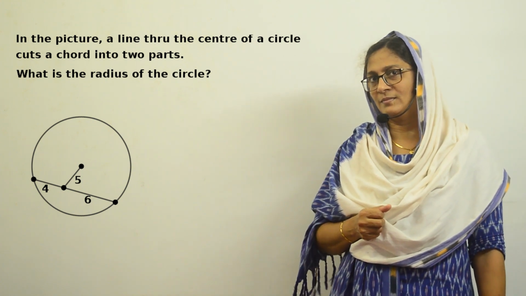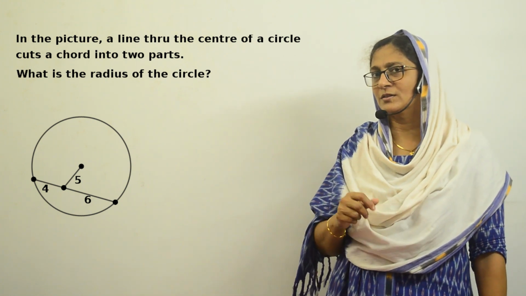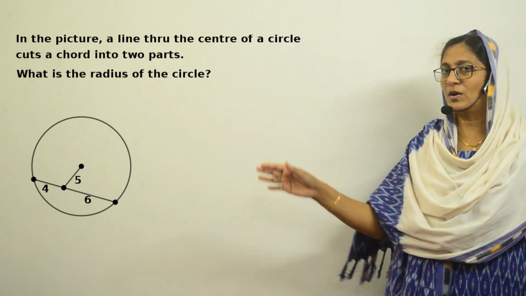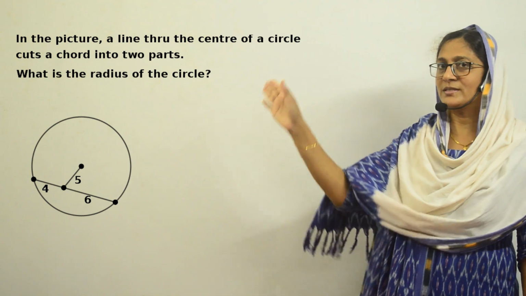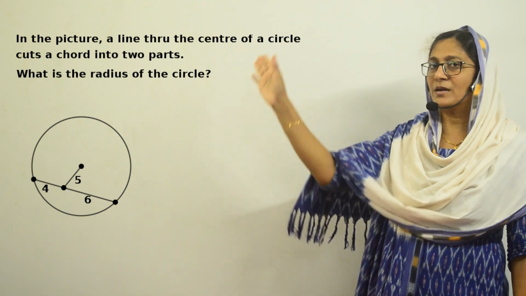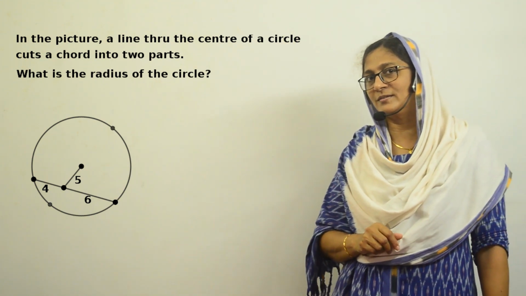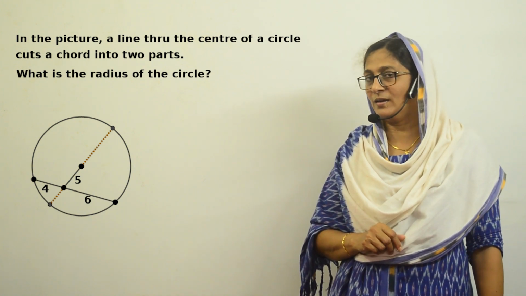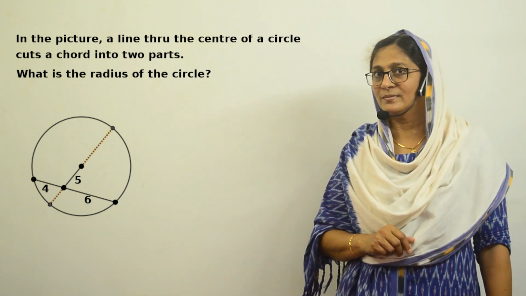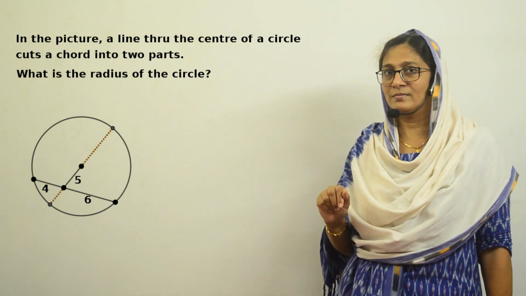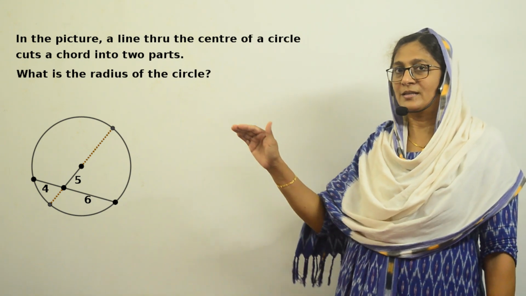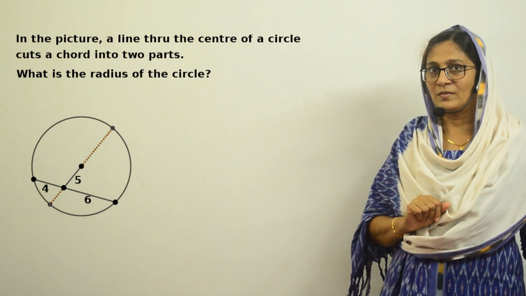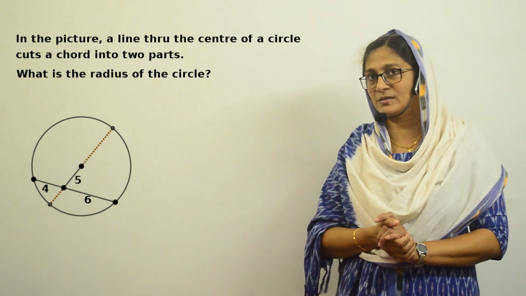Let's make a small change to the figure. I'm extending the small line through the whole circle so that it becomes a chord of the circle. Okay? Now that chord has a radius part, and we don't know the length of the radius.